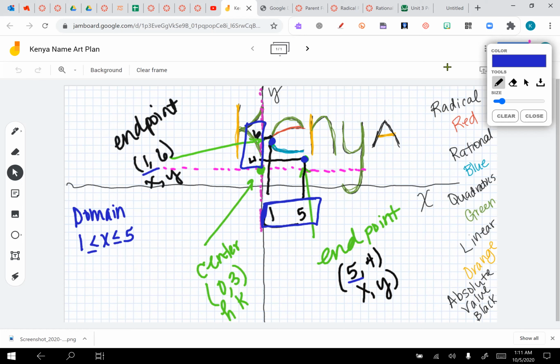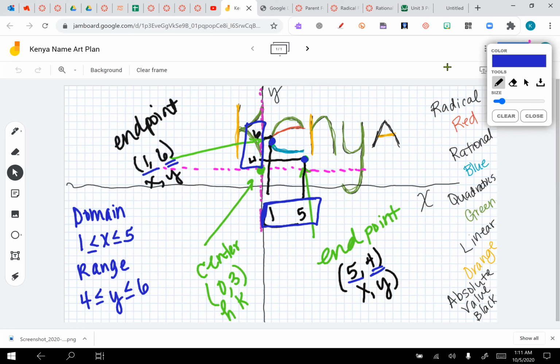My range is going to be the 4 and the 6. So 4 is the low y, and 6. There you go. I got my restricted domain and range from just looking at the graph.